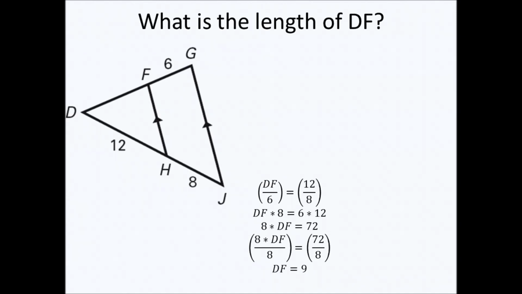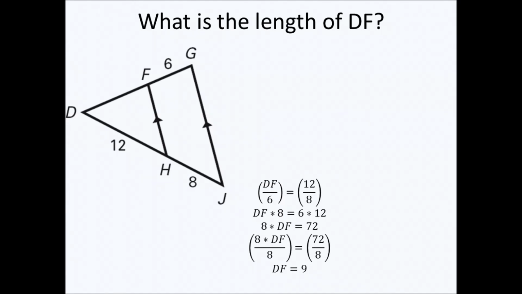Another approach would be to correspond the parts of the smaller triangle to the parts of the larger triangle. The parts of the smaller triangle are line segment DF and line segment DH, which is represented by 12. And then the parts of the larger triangle are line segment DF plus line segment FG, which is equivalent to 6.